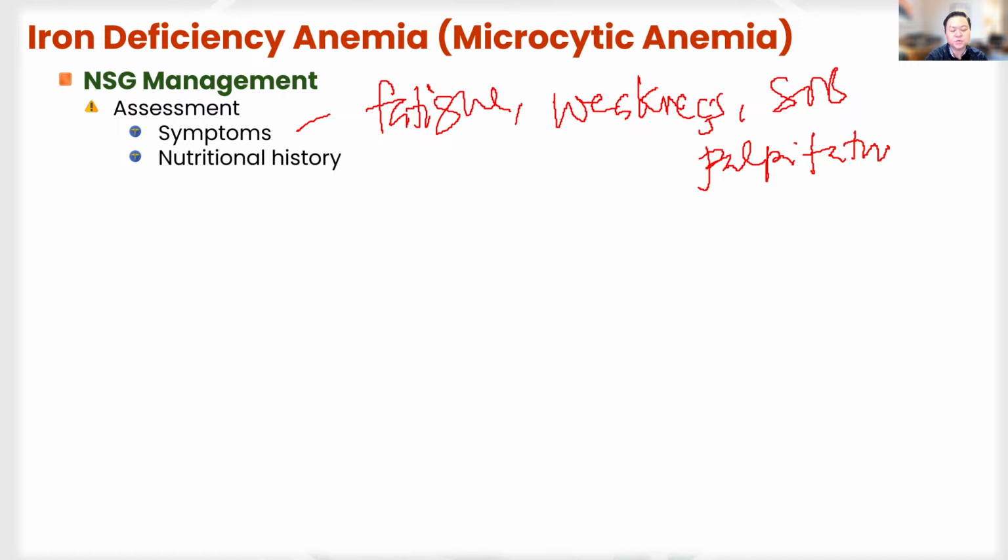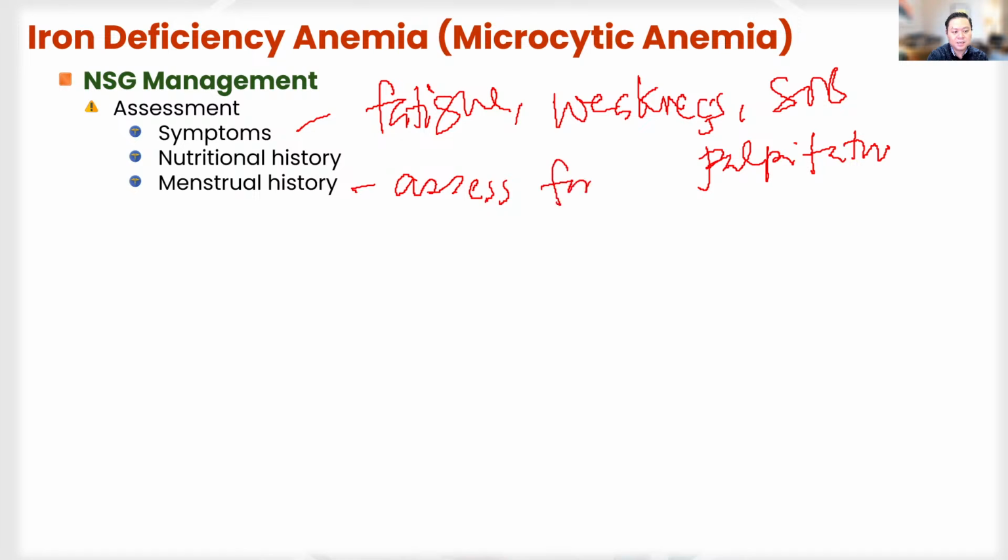Another is to assess for their nutrition. We need to obtain the detailed dietary history in order for us to know if they are not taking enough iron-rich foods. We're also going to have to assess their menstrual history. If they are in that particular age, then we need to assess their menstruation pattern, okay? If they have possibly heavy bleeding, then we need to know that as well.